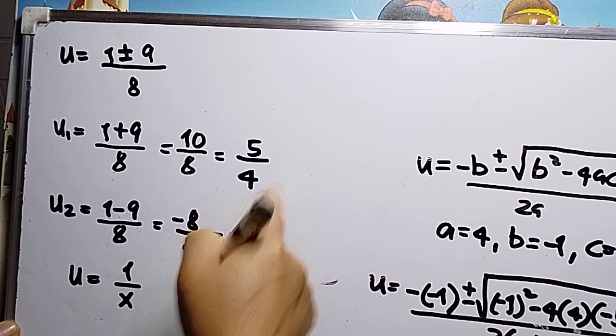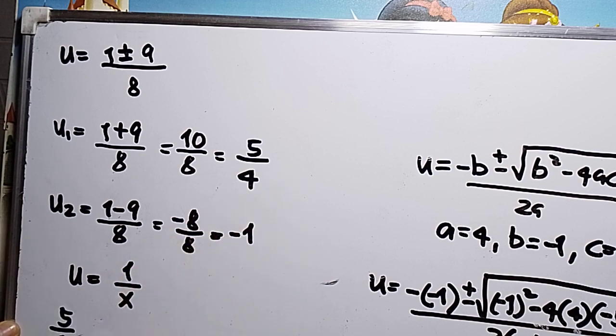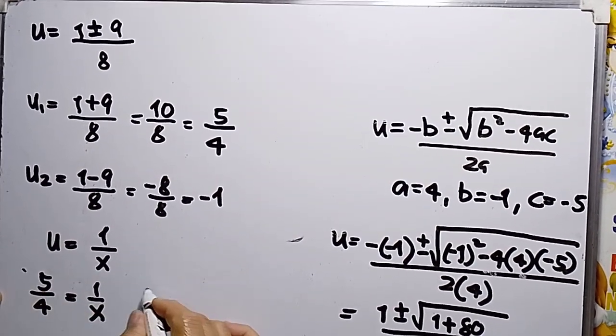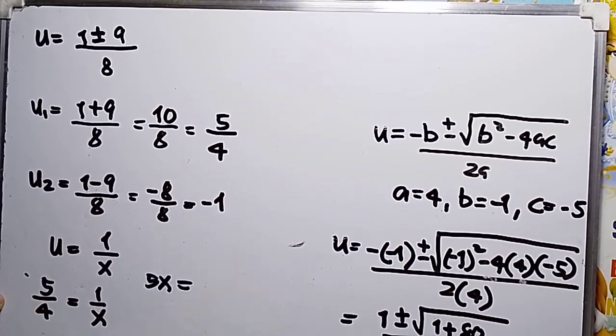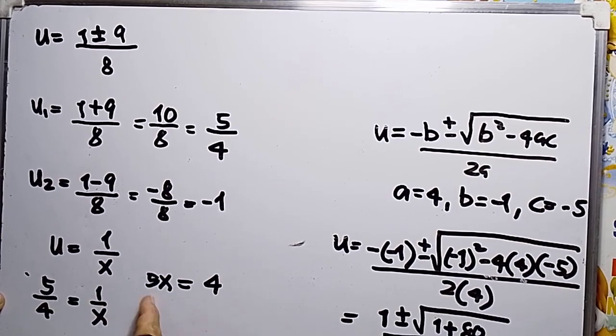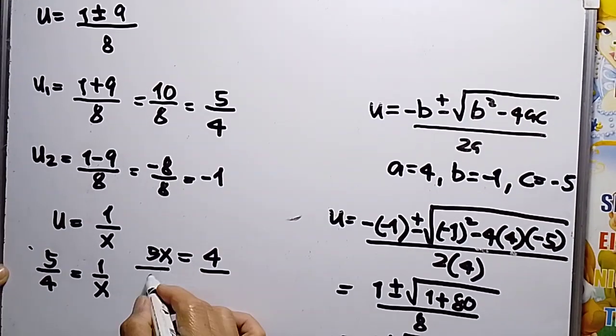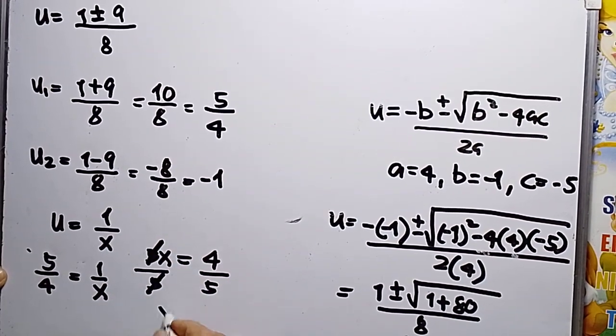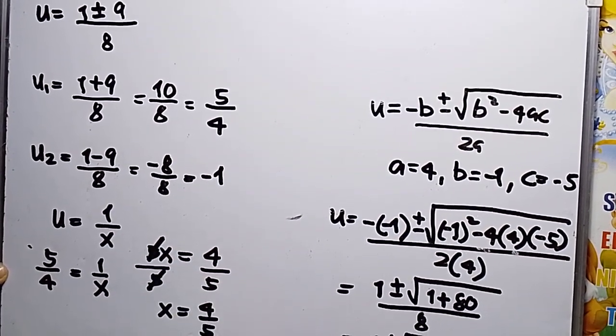So u is 5 over 4, and 1 over x. Cross multiply, so that will be 5x equals 4. To solve for x, I divide both sides by 5. This will be x equals 4 over 5.